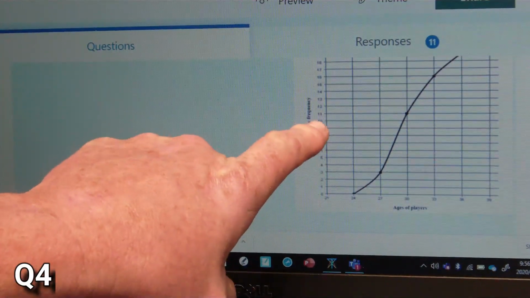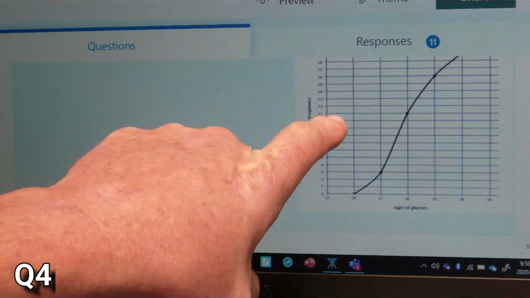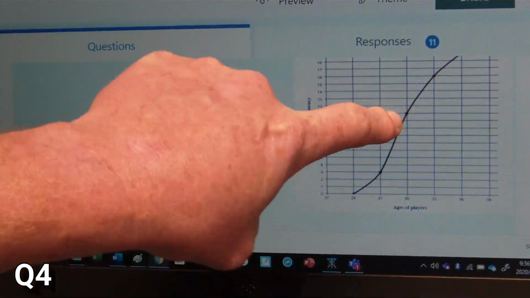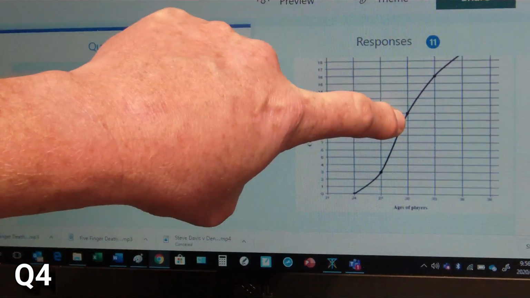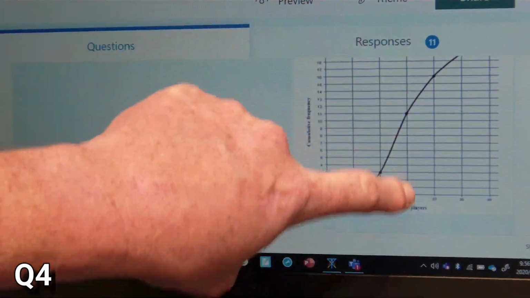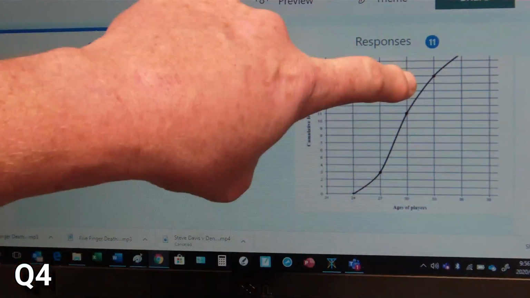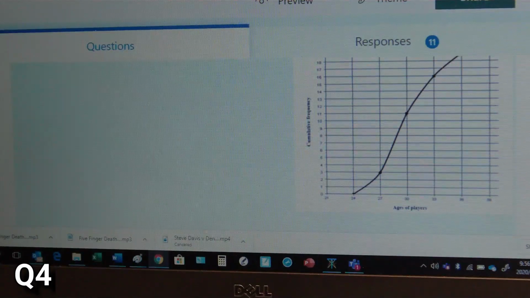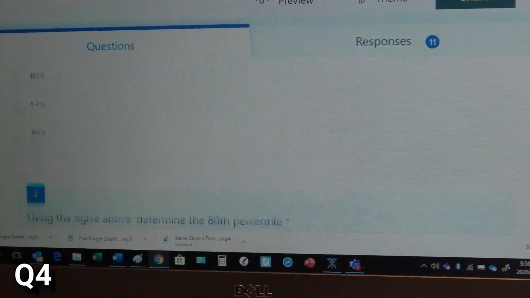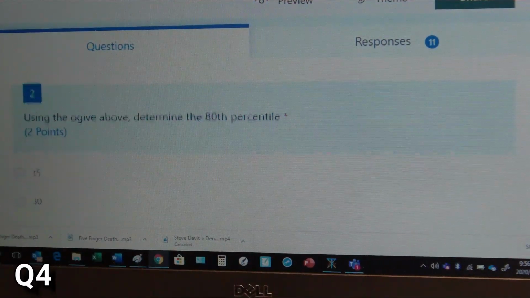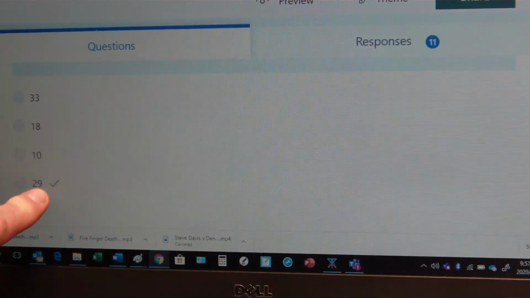You go halfway between 10 and 11, 10.5, and you run across, and you'll see you hit the line just before the age of 30. So I don't know, 29 or 28. What are the options? 29 is the right one.